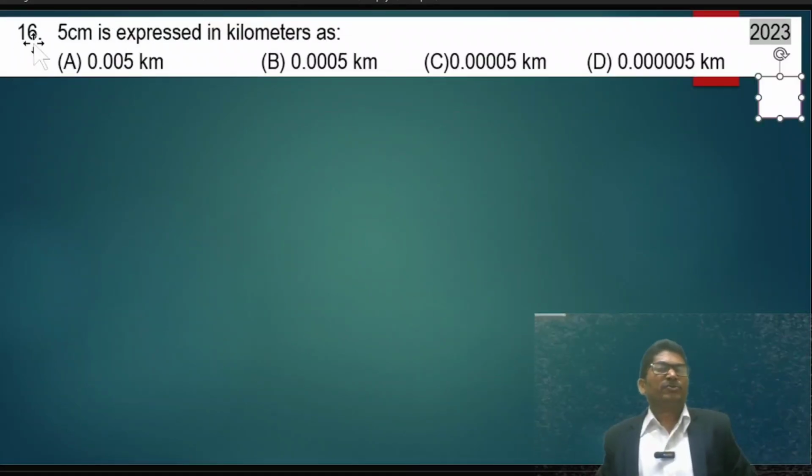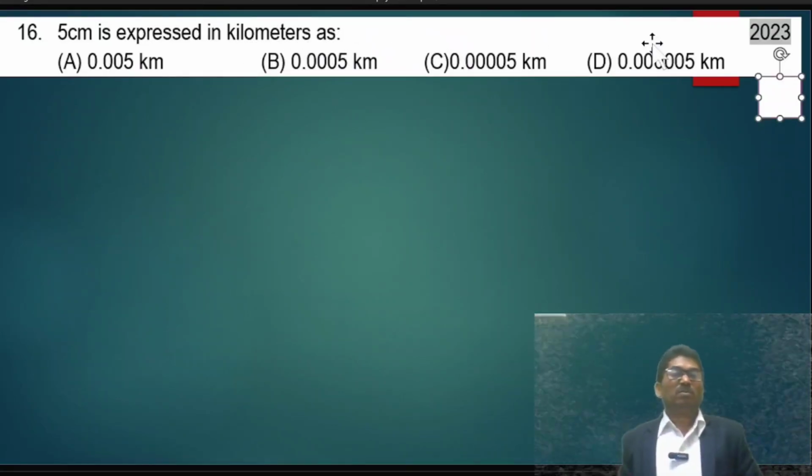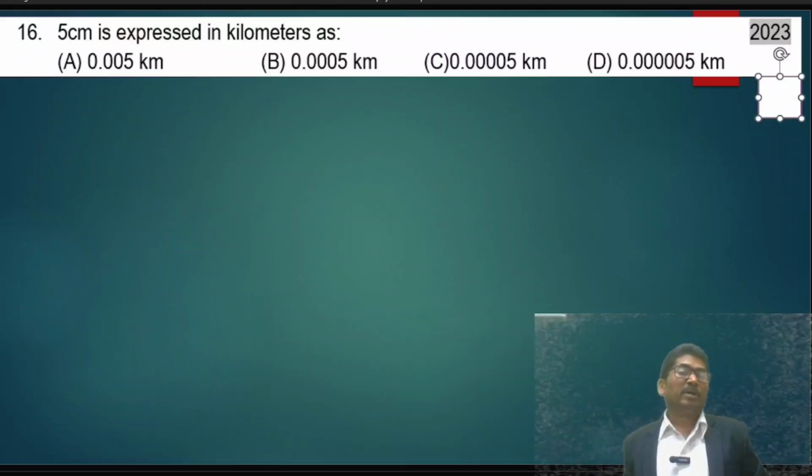Question number 16. 5 centimeters is expressed in kilometers as... 5 centimeters.